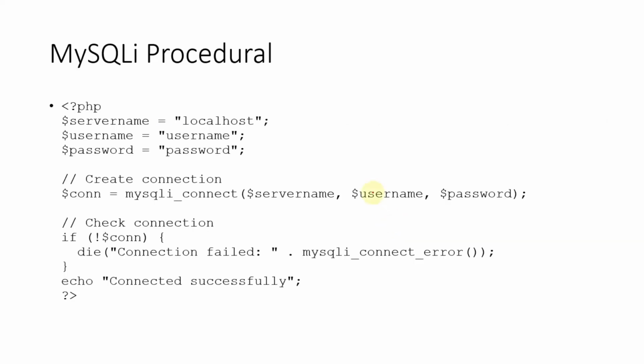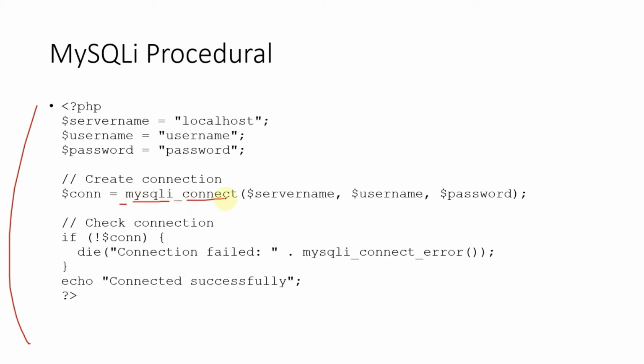You can also use mysqli procedural code to connect a database. This code is somehow similar to the previous code. There are some minor changes. The first one is that we used the mysqli class and used a new keyword to create the instance of this class. Here we are using mysqli connect.